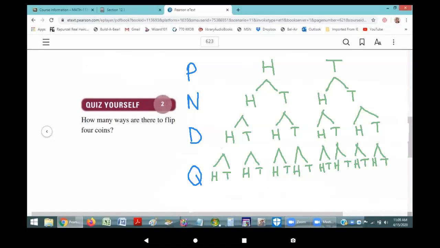Now, how many outcomes are there? Well, the outcomes themselves are read by looking at the branches.